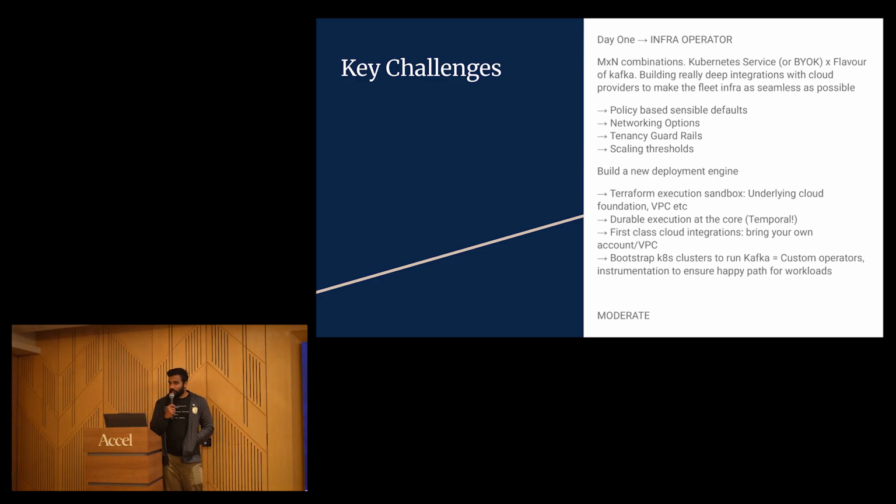Another key challenge is how do we make this work with M cross N combinations? That is, you have multiple cloud providers, multiple Kubernetes providers, and multiple Kafka providers. So how do you make this work with M cross N? That primarily boils down to defining the policy, saying if I want a cluster with Confluent on AWS, then I would want to set these as the configuration.